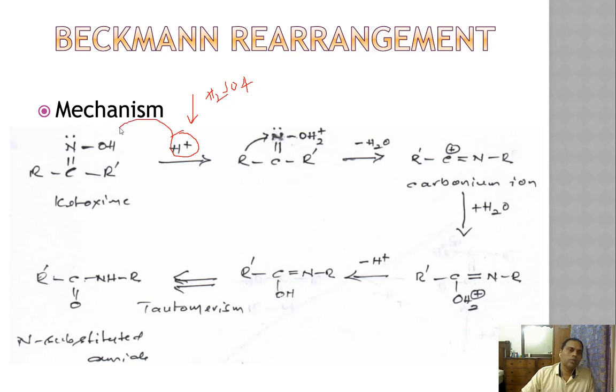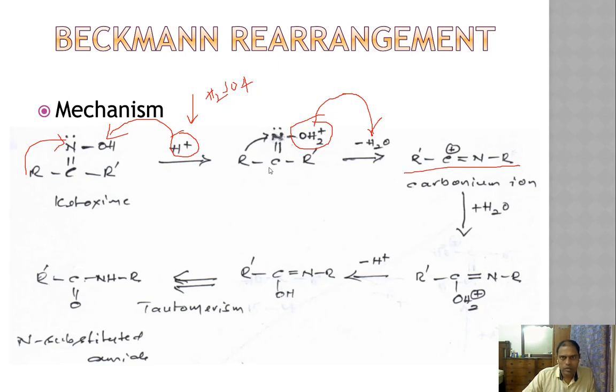This proton will react with this OH, and you're going to get OH2 plus. Meanwhile, this alkyl group is going to go on to this electronegative nitrogen, and this OH2 plus is going to be removed as water. You see the changes over here because this alkyl group is going to go on to this nitrogen.